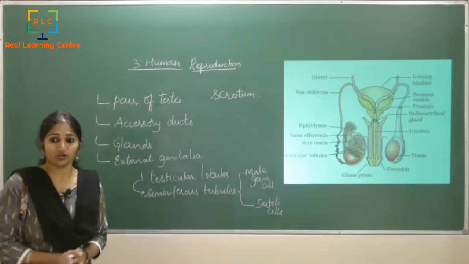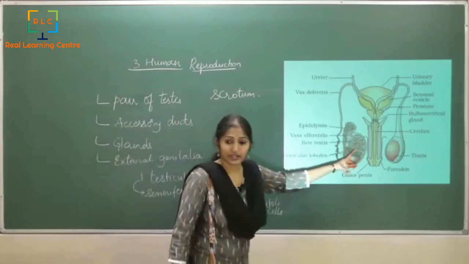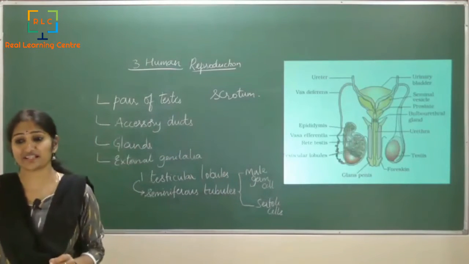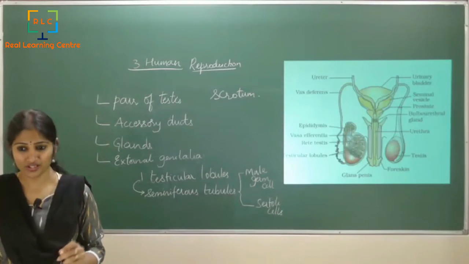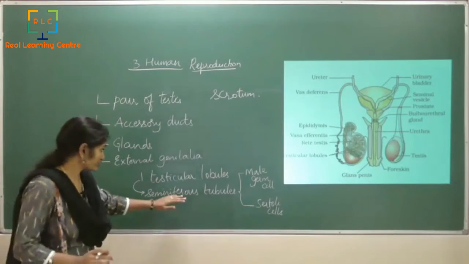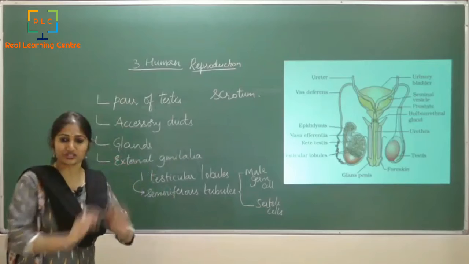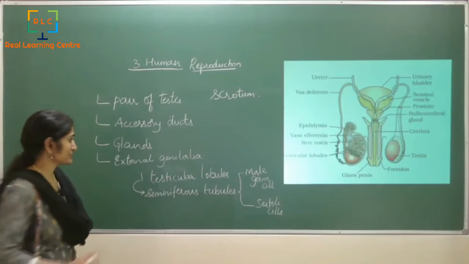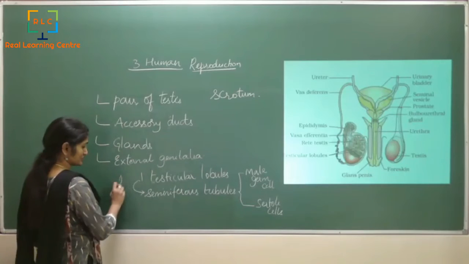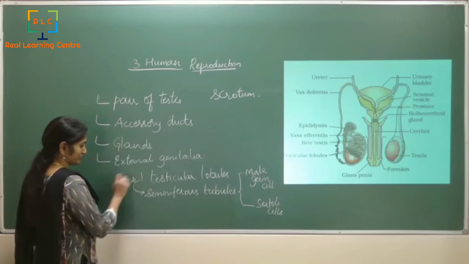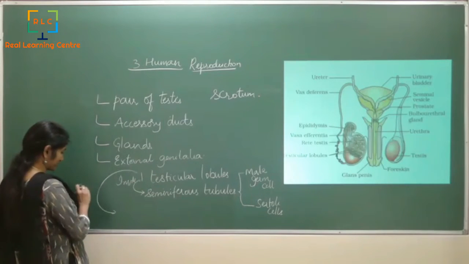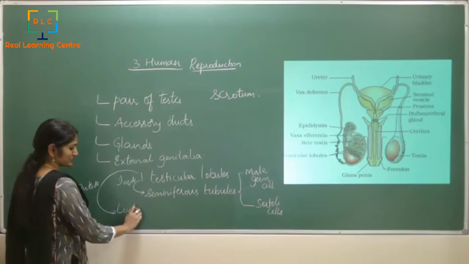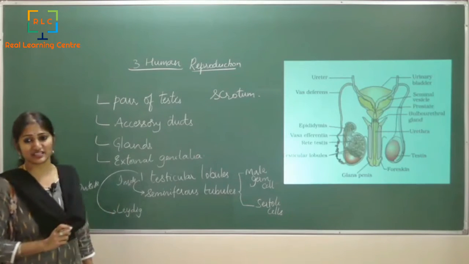Now you see the tubules here, right? Outside the tubules there is one more set of cells. Just outside the seminiferous tubules, lining the outer layer, we have one more set of cells. This is inside, and if I talk about outside, let me write it here. Outside we have one more set of cells called the Leydig cells.